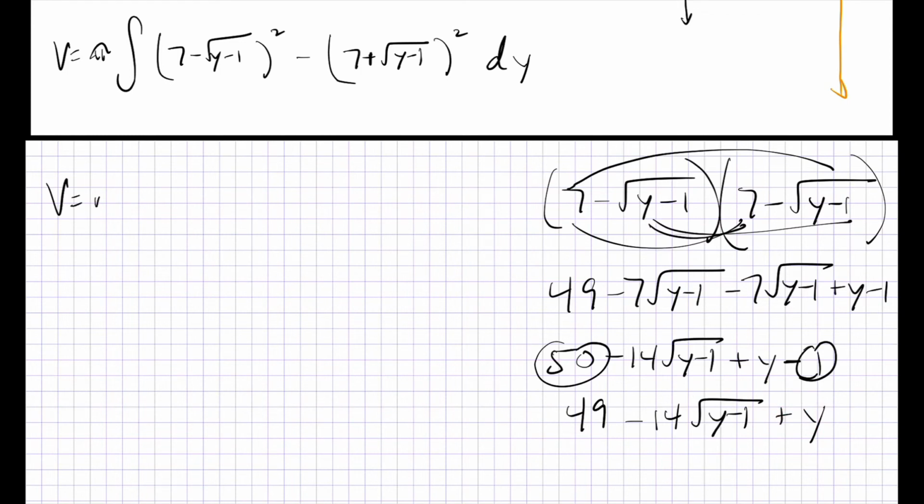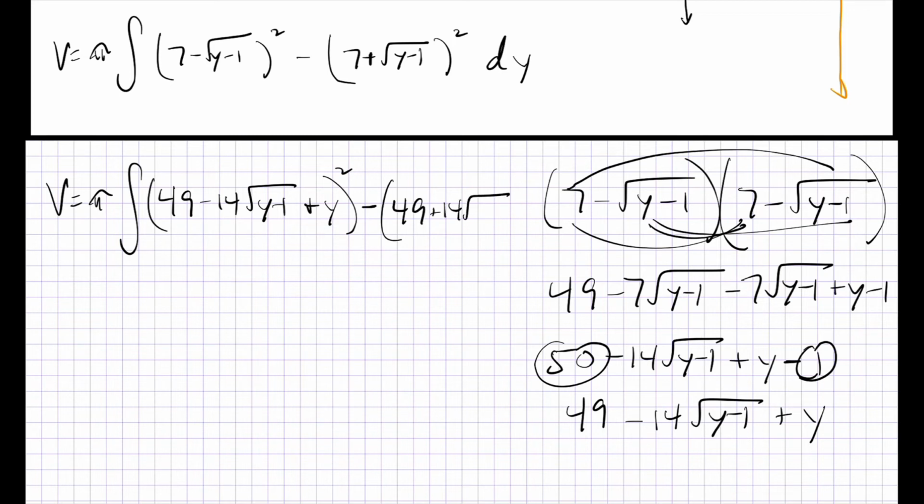Okay, so let's write this. So 49 minus 14 square root y minus 1 plus y minus 49 plus 14 square root y minus 1 plus y.